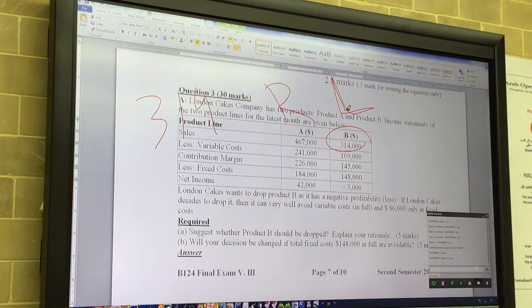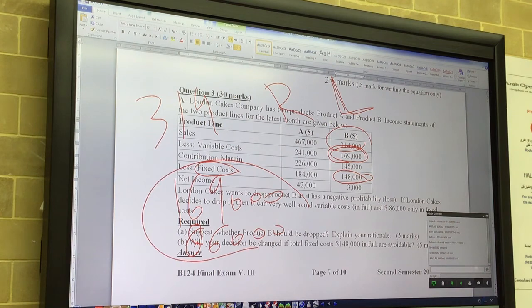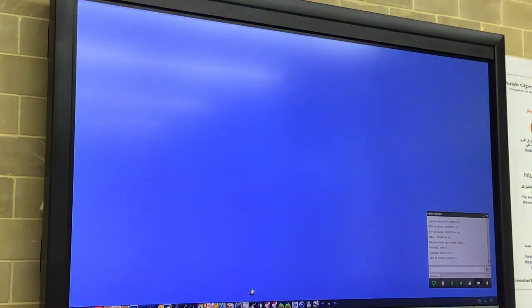Okay? We will compare it with the cost saved. He said for the variable cost you will save the variable cost. So 169,000 you will save, and also for the fixed cost from 148, the first suggestion he will avoid only 86,000. So you will compare 314.